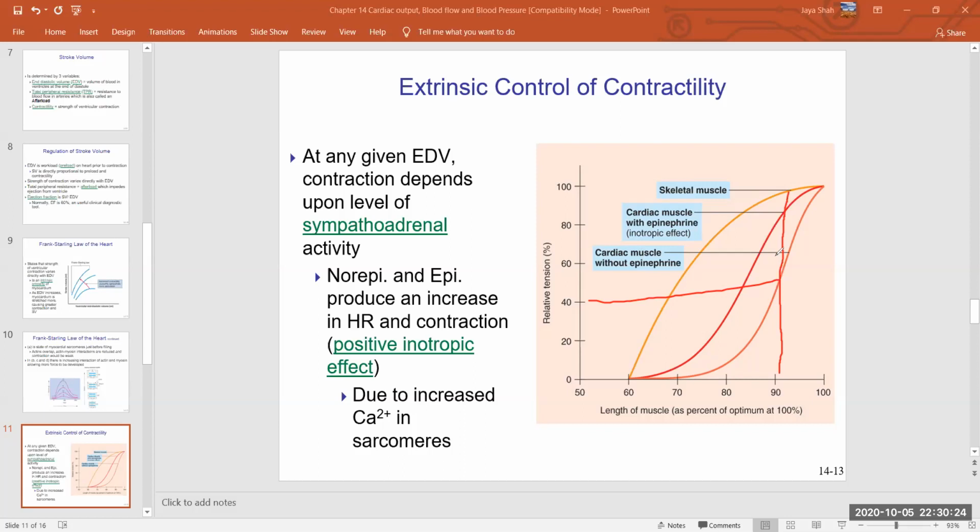So you see, with the same length of muscle in the cardiac muscle, with the 90%, the tension is increased. A skeletal muscle has better strength of contraction all the time than the cardiac. So this is the relationship of the skeletal muscle, cardiac muscle, and cardiac muscle with epinephrine.